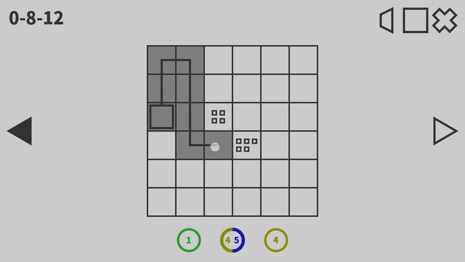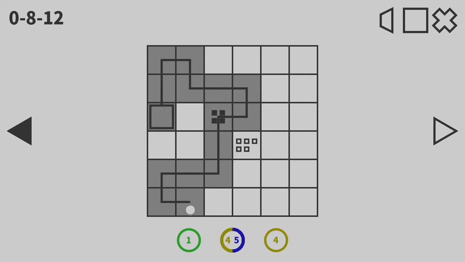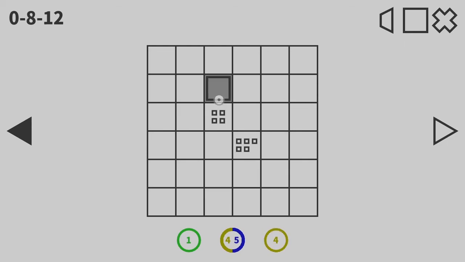That L shape. Yeah, those are different. Okay, hold on. Well, no. I think I'm probably better off forming a blob of some kind.